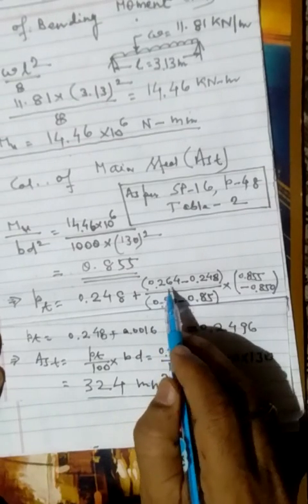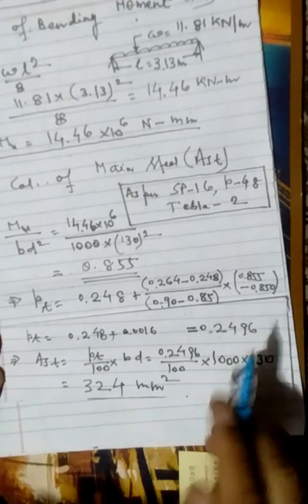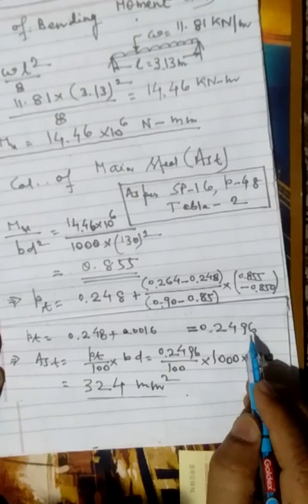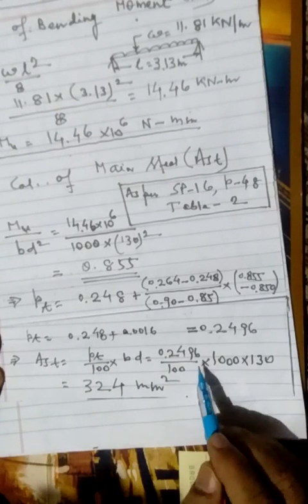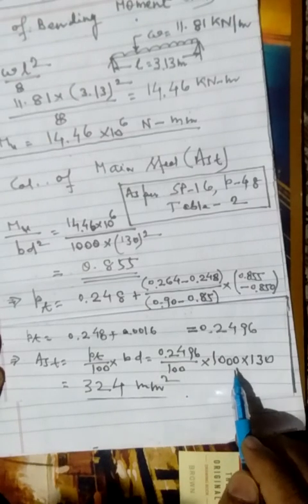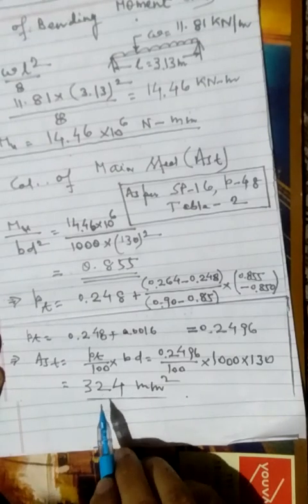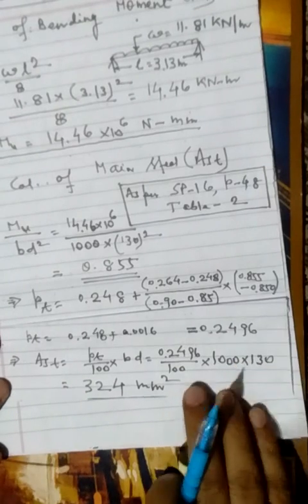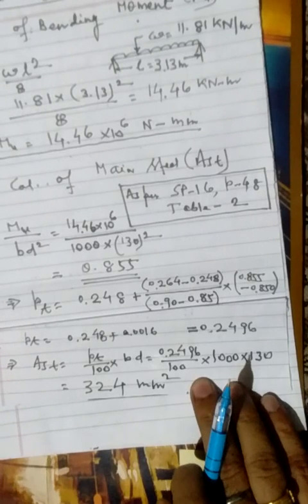So we have to interpolate between these two values, and by interpolation we get pt equal to 0.2496%. So from this percentage we get the area of steel Ast = pt by 100 into bd, that comes 0.2496 by 100 into width of the slab 1000 millimeter into small d 130. So total area of the main steel comes 324 millimeter square. So this is the main steel which is taking the entire tensile stresses.